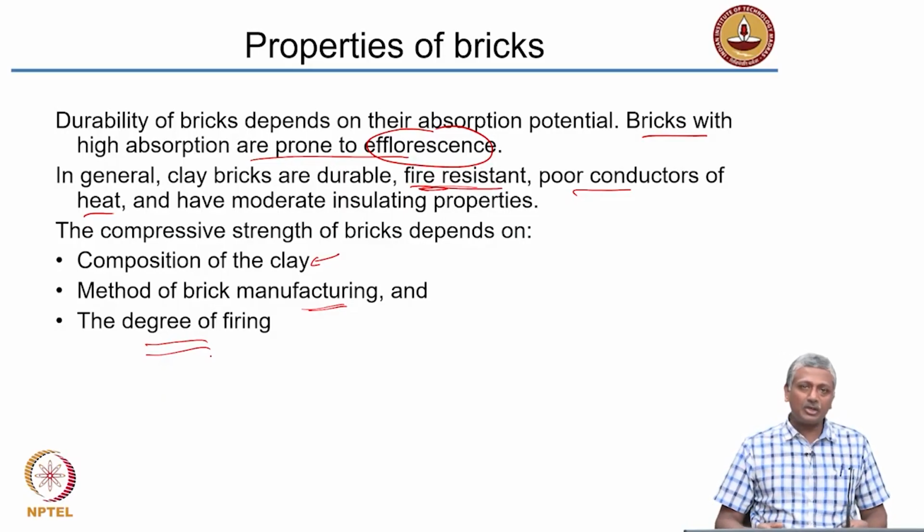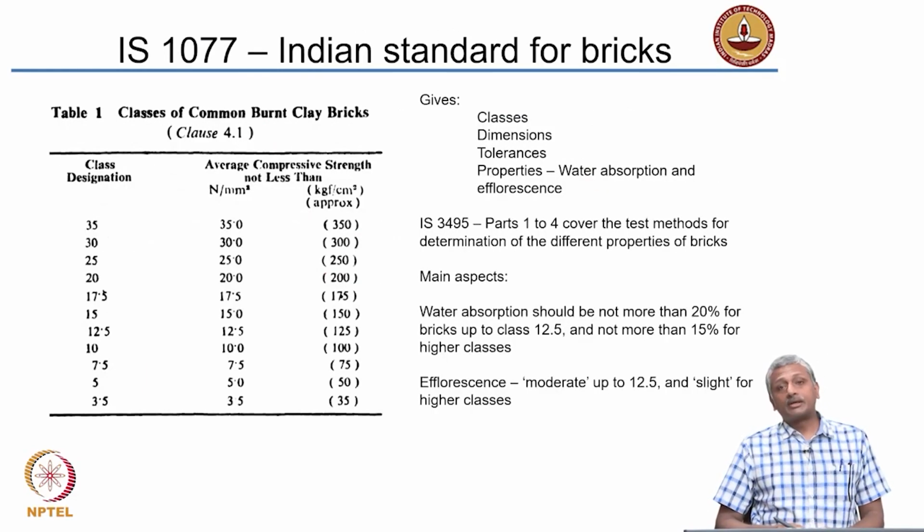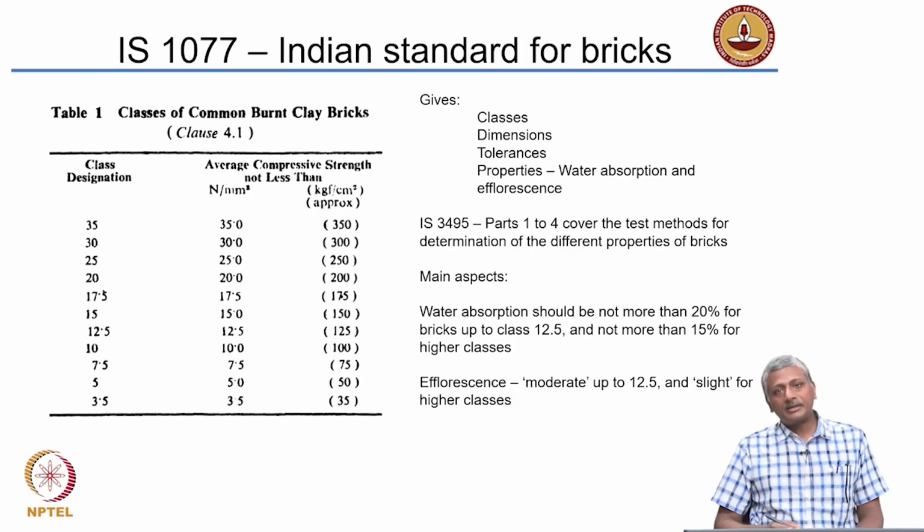So in such cases, you need to be careful about selecting the right sources. Of course, in most cases, construction materials are standardized by the Indian standards, and as long as the bricks are meeting the requirements of the standards, they are good enough to be used in construction. So for bricks, there is the Indian standard 1077, okay, which defines the bricks into different classes based upon the strength of the brick.